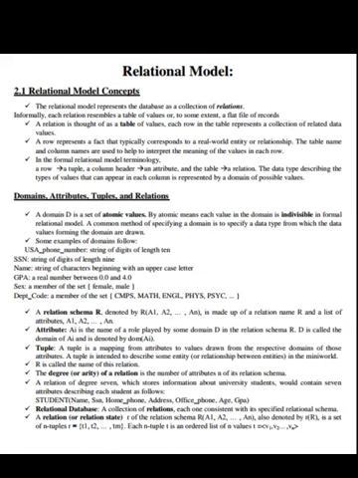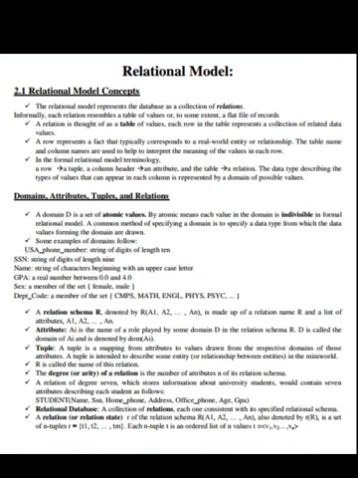A relation schema, denoted by R(A1, A2, up to An), is made up of a relation name R and a list of attributes A1, A2 up to An.